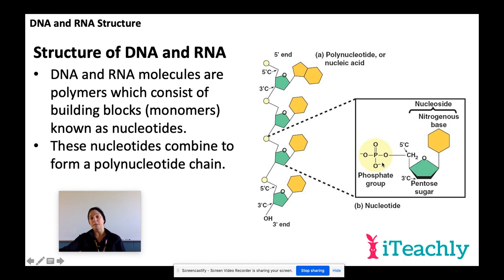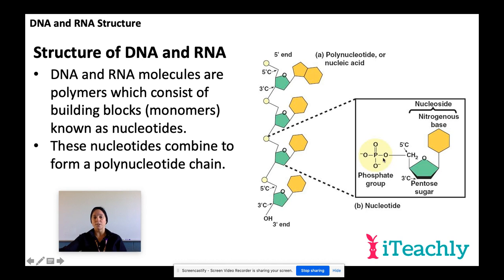Typically, we use a circle to represent the phosphate group. We use this hexagon to represent the sugar, and then we use this for the base. Sometimes you'll see a triangle, but we'll see either a hexagon by itself or a hexagon with a pentagon attached to it. All of these three things together make up that nucleotide.